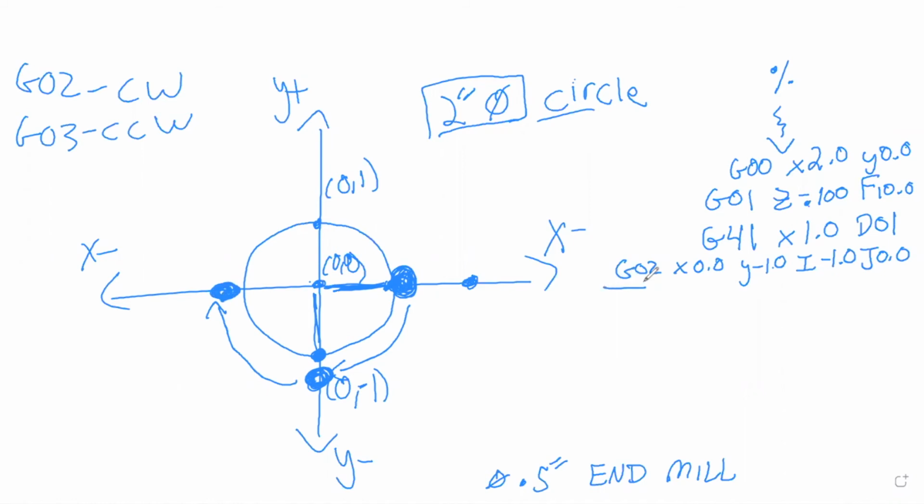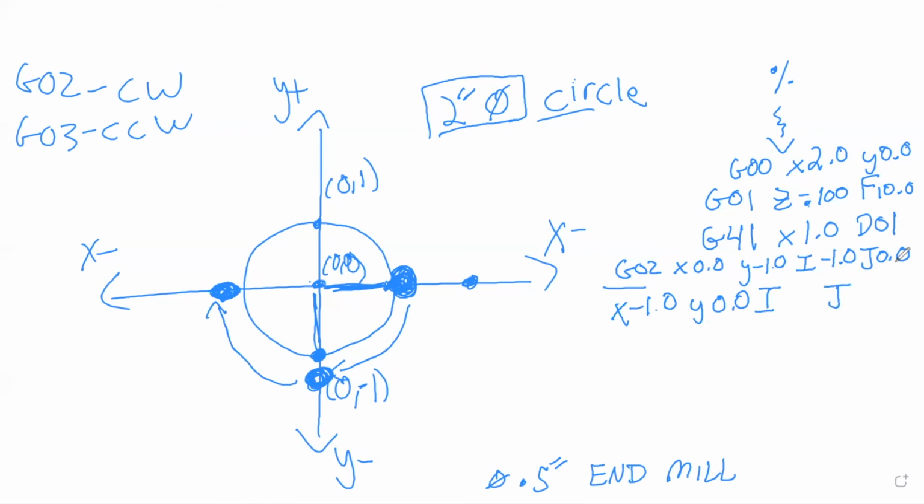G02 is a modal code, so we don't have to repeat that. So we can just put the endpoint location, which would be X negative 1.0, Y 0.0. Now we have to do our I value and our J value.